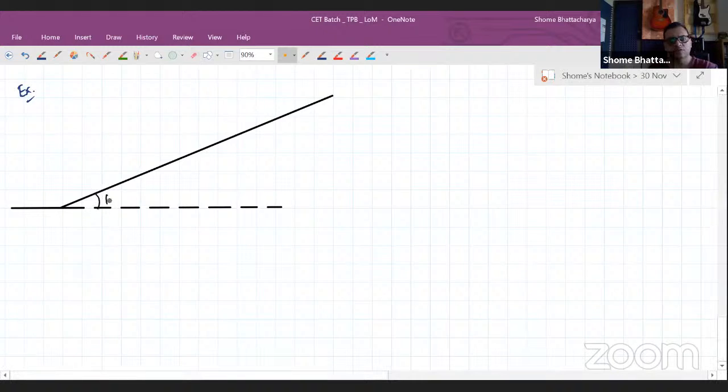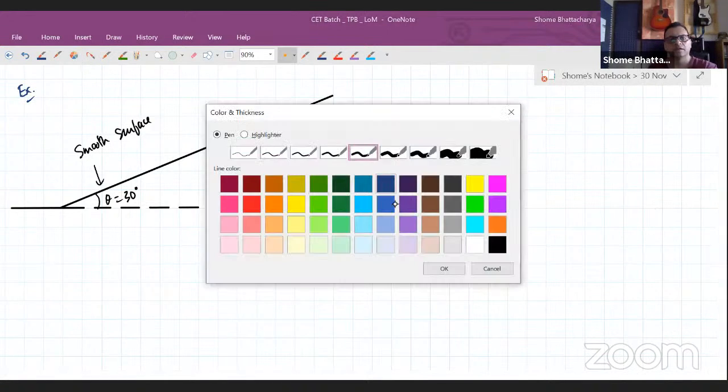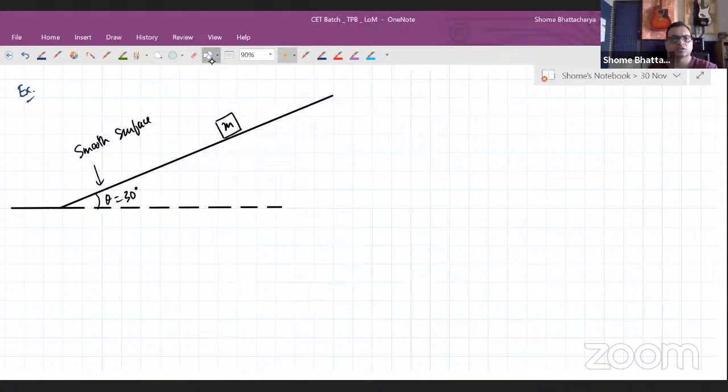This time the angle of inclination here is 30 degrees, and this is a smooth surface. Now what we've done is we placed a block of mass m like this, and we are applying a force F like this, parallel to the inclined plane.